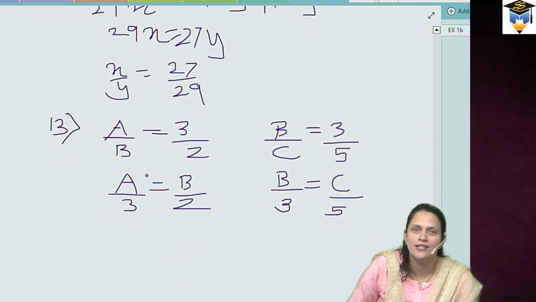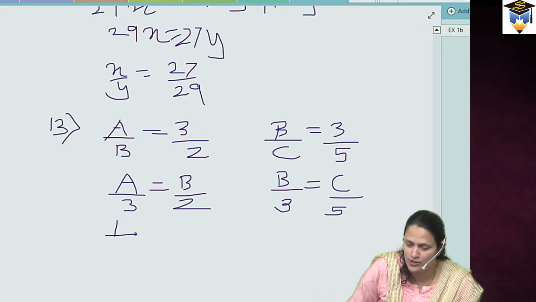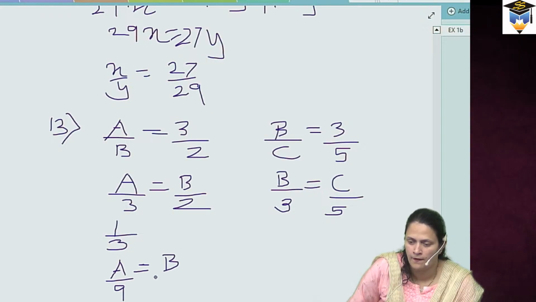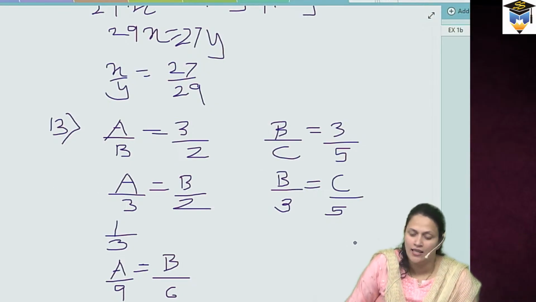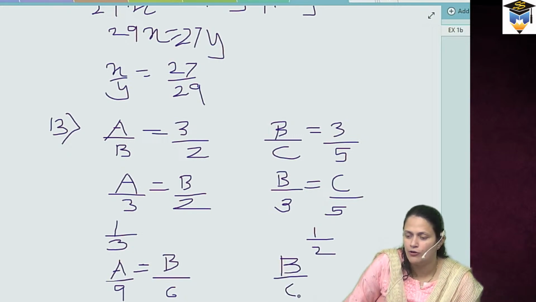Now what I am going to do is multiply both sides by 1 by 3. See, here also, I am going to multiply both these sides by 1 by 2. Let me know if you have understood this.